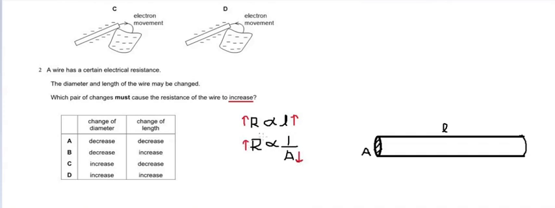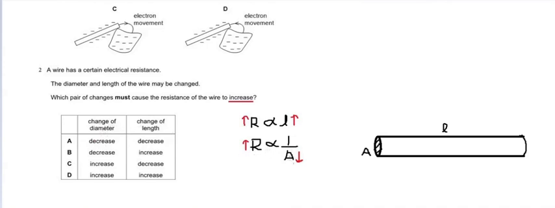And vice versa. If in a question they ask for a decrease in the resistance, then length should decrease and area should increase. So we'll see here what options are given. Option A and the other options are given like this: change of diameter and change of length.